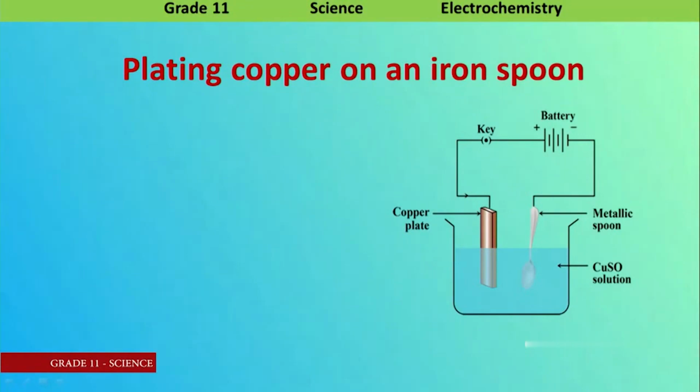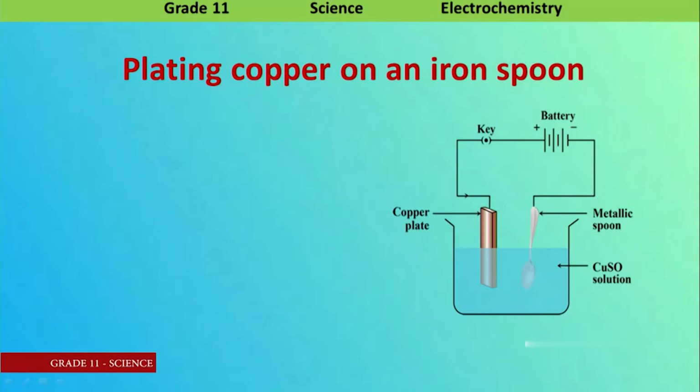See, iron spoon has connected to the negative terminal of the battery. That means iron spoon here is the cathode. And for the positive terminal as the anode, I have placed here a copper plate.